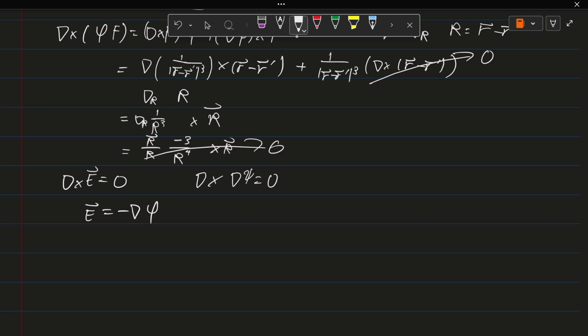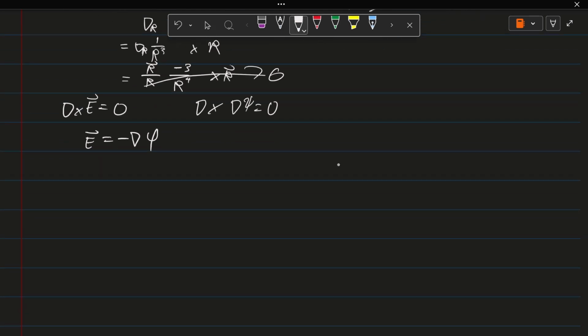The negative is only from convention, but you will later see why we put this negative sign at the front. So we can try to solve for phi because of the properties of integrals. If we take the integral from a reference frame until r of the E vector dot dr vector, it's the same thing as the change in phi.